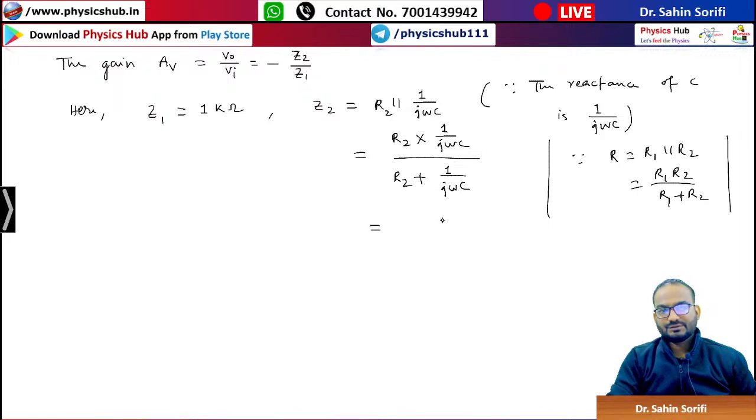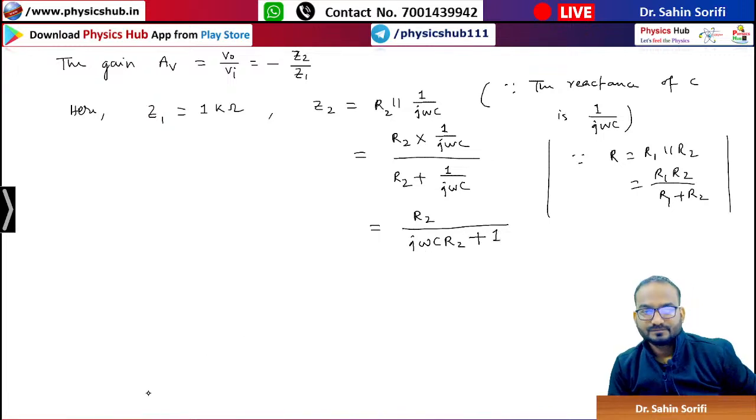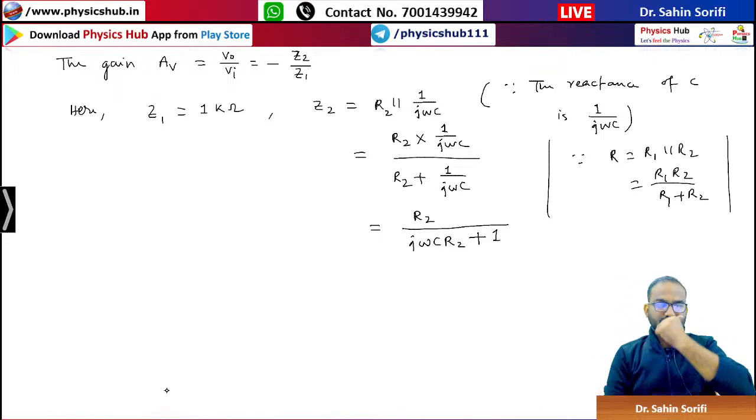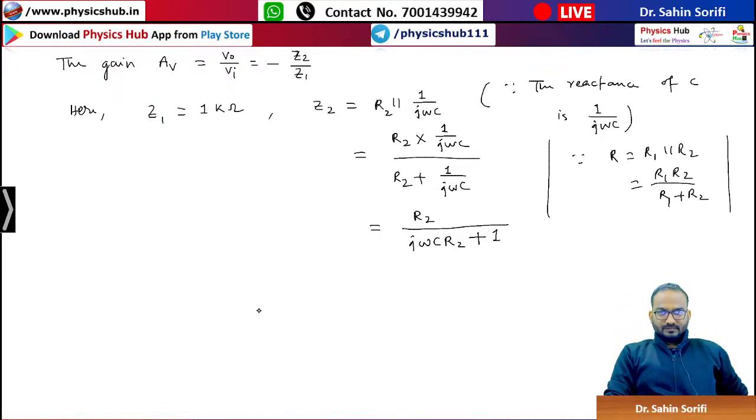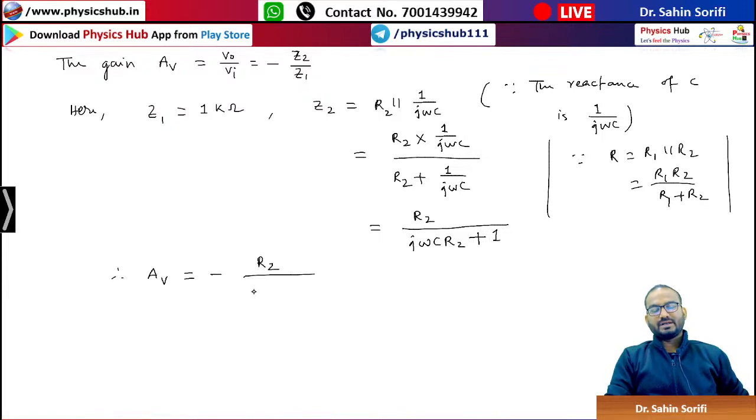So this is equal to R2 divided by j omega C R2 plus 1. So gain is equal to minus Z2 by Z1. Z2 is this, R2 divided by 1 plus j omega C R2. Can I write it?